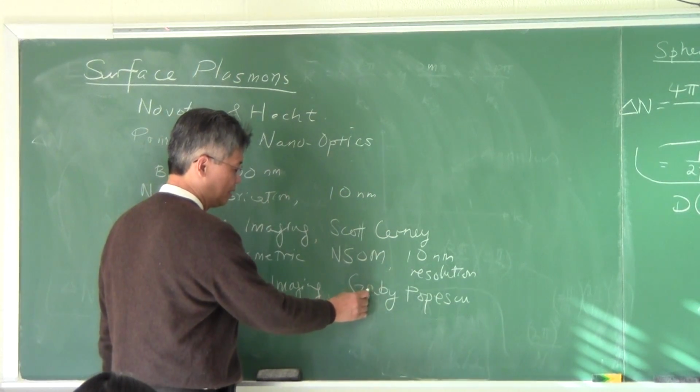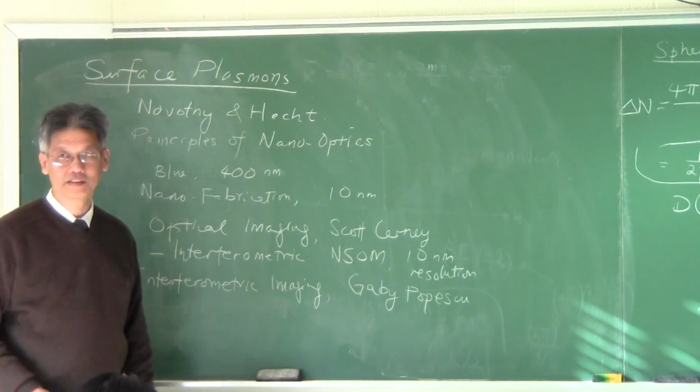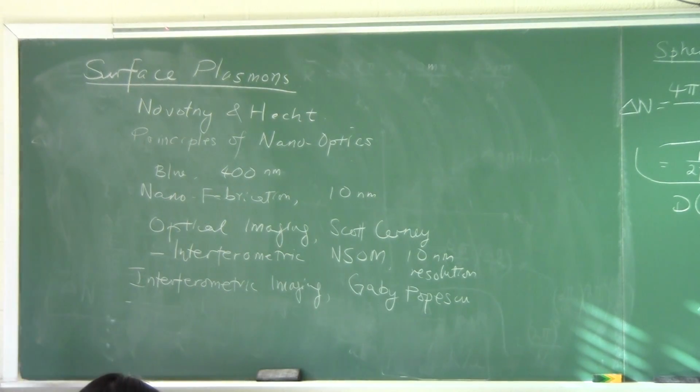He's doing interferometric imaging to get 2D and 3D images of surfaces. And we did that in radar many years ago. You probably heard about interferometric synthetic aperture radar, which provides you with a 3D image of the surface of the Earth. So by using interference of radar signals, you can figure out height as well as just 2D images.